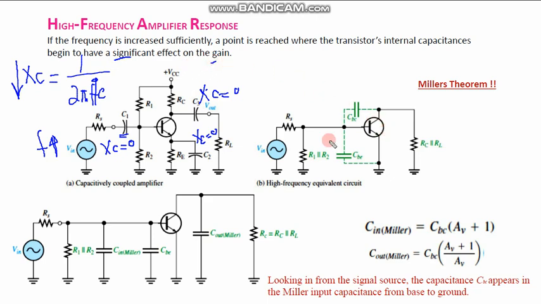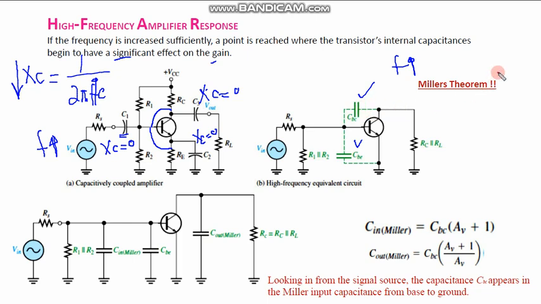An internal junction capacitance between the collector and the base would form, and then one between the emitter and the base. This occurs only at high frequency. For low frequencies we can assume these to be open circuit, but at high frequencies we cannot ignore this effect, so we have to study these capacitances.